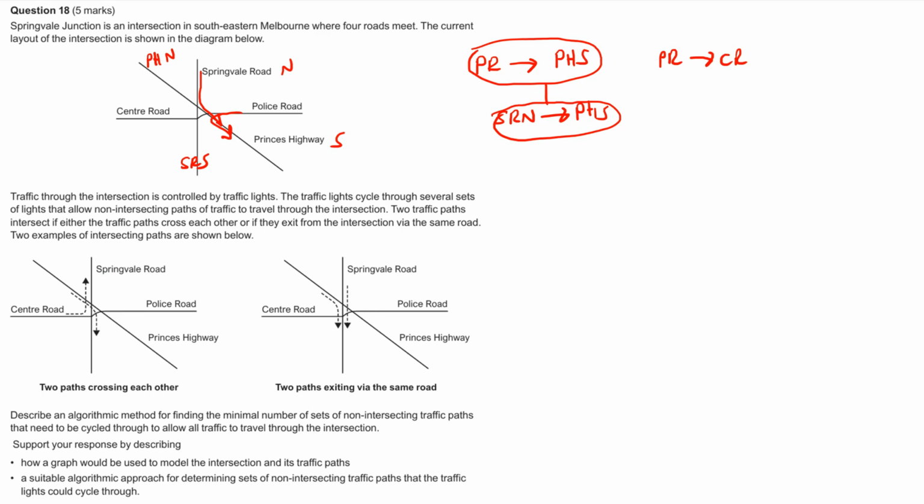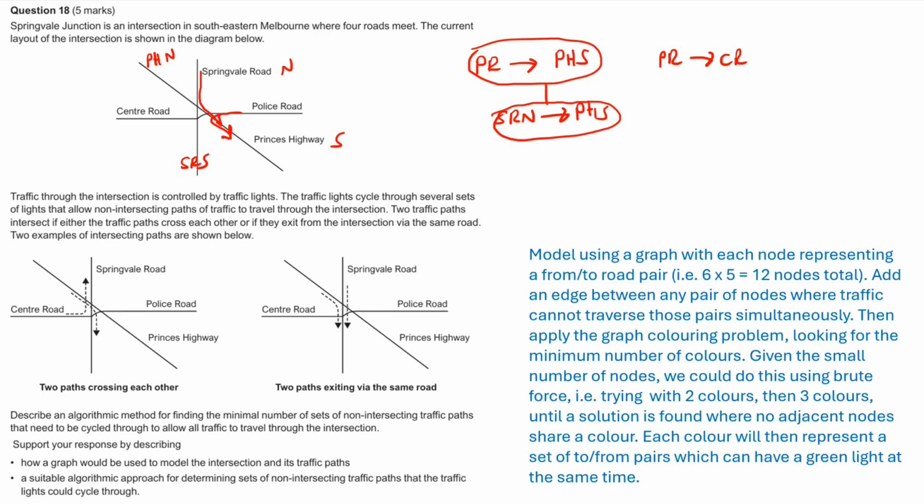So what we actually have to do is draw a graph with all of the different possible traffic routes and then stick an edge between them to indicate that they can't happen at the same time. Okay, it's really counterintuitive. You're not going to end up with a nice graph, but that is the aim of what we had to do. And I have described it thus. There are 6 roads.